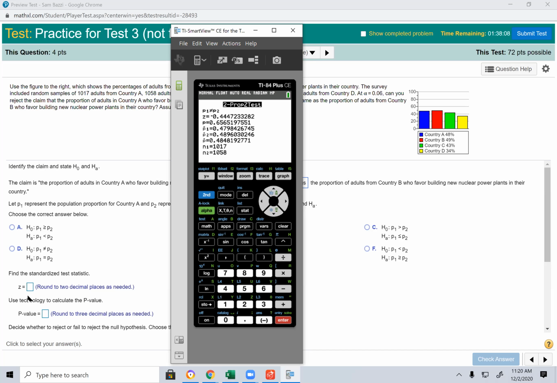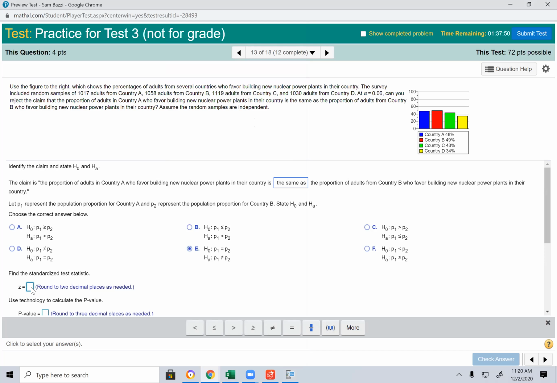Okay. So Z is negative 0.44. And p-value is 0.6565. How many decimals he wants? 3. So 0.657. So we got negative 0.44.